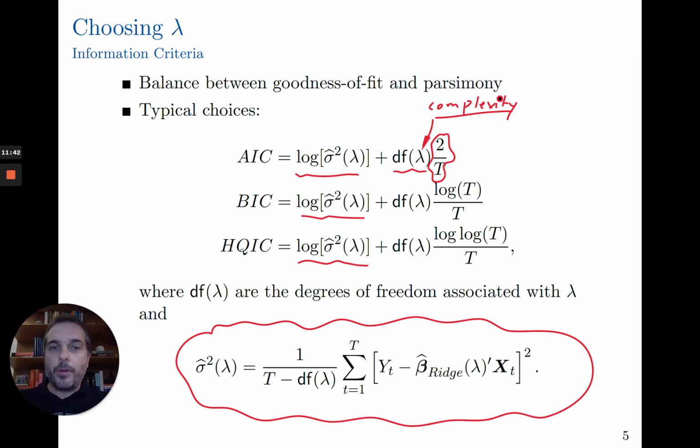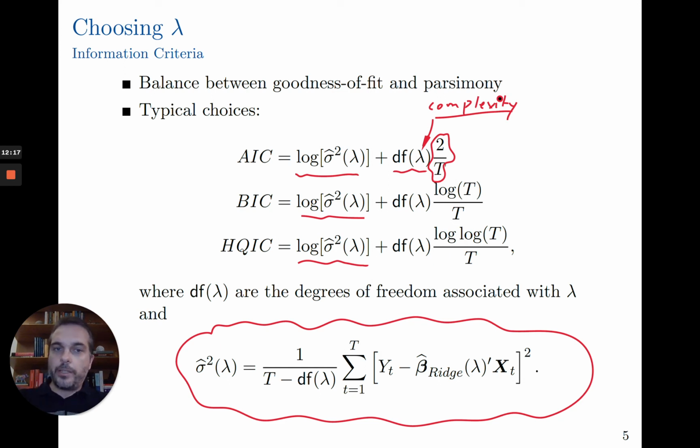So one thing that's important is that for the AIC, the numerator of this term here is fixed, equal to 2. It does not matter the number of observations. It doesn't matter the sample size; it's constant here. The other two increase with the sample size, but they increase at a slower rate than the denominator.